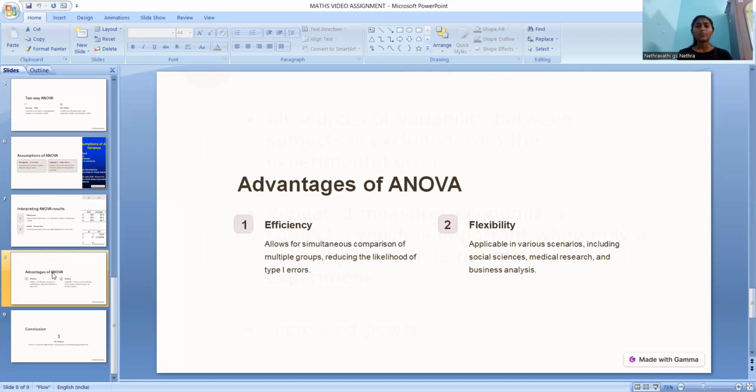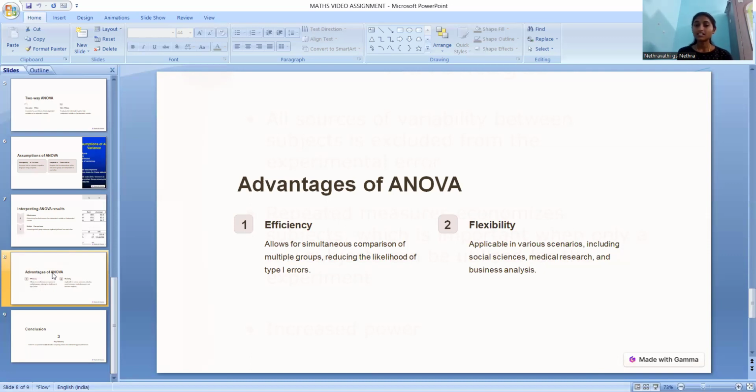By comparing the two variables, it finds some error values. So by finding the error values, what is the next step? To reduce the error values. That is the efficiency of ANOVA. It reduces the errors which are created during calculations.